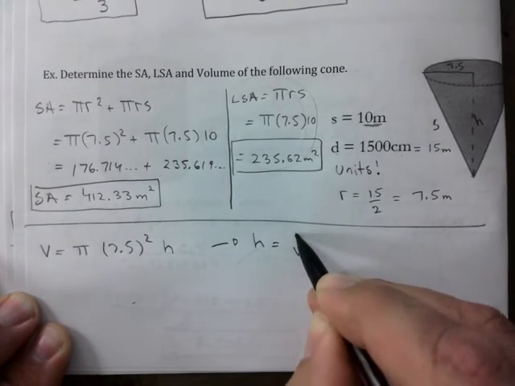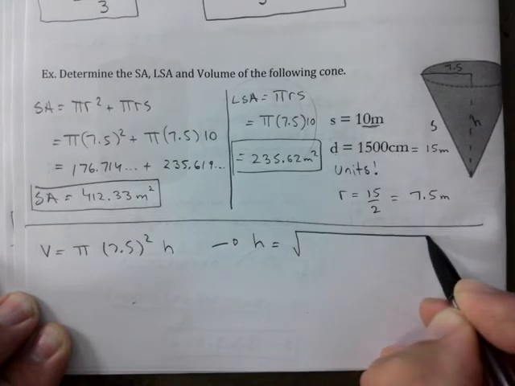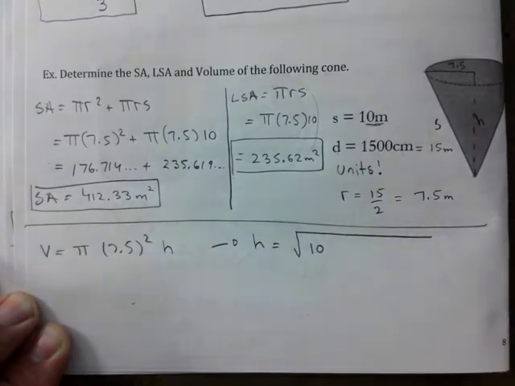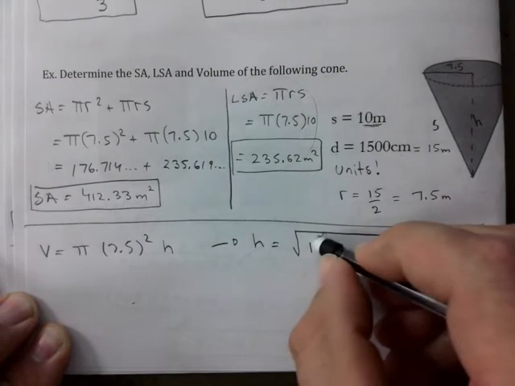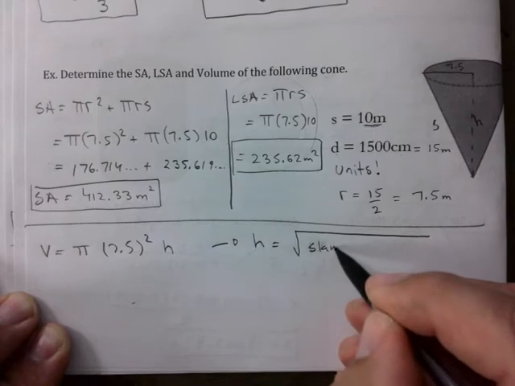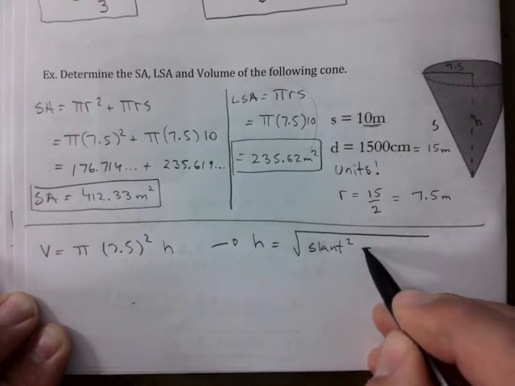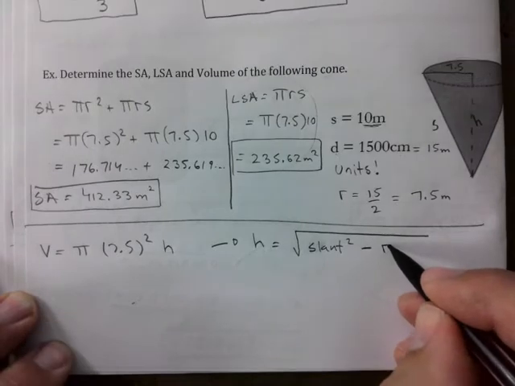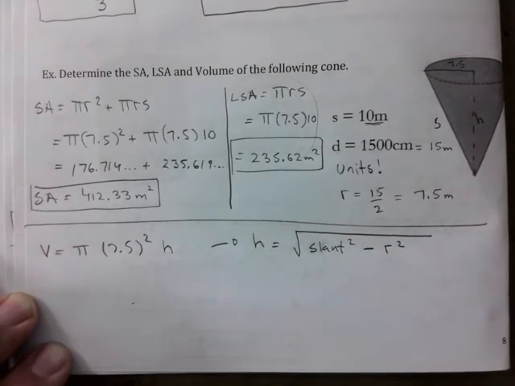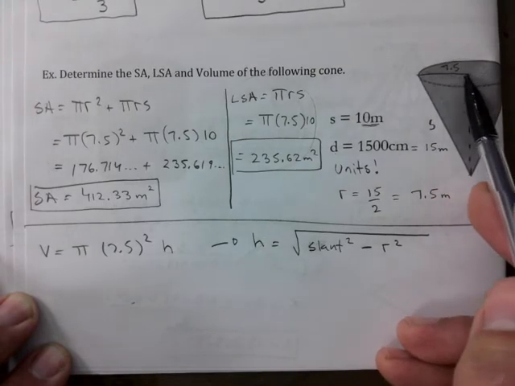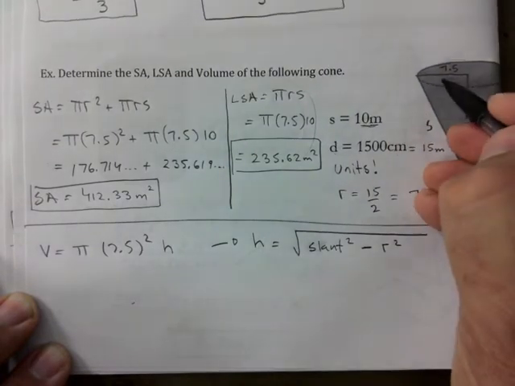I think I'm rushing a little bit here. I want you to have a note. The height is my slant squared minus the radius squared. When you're talking a cone, this is the radius, so I'm going to put an R there.